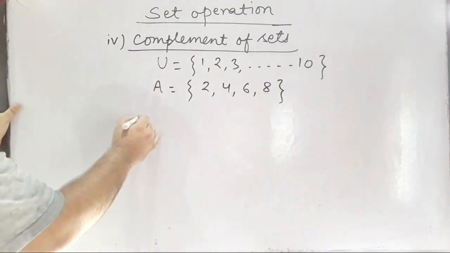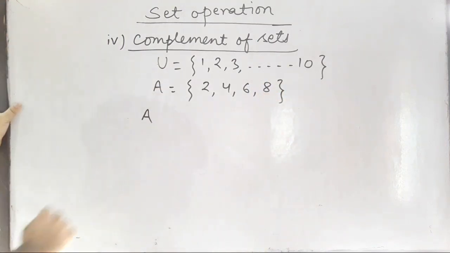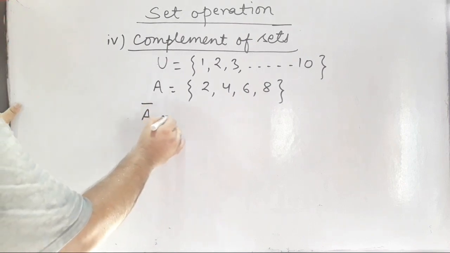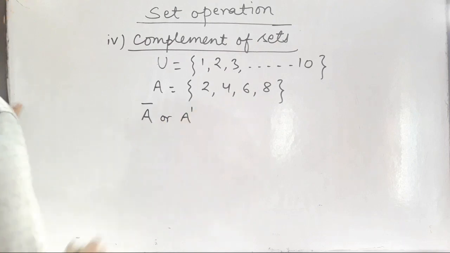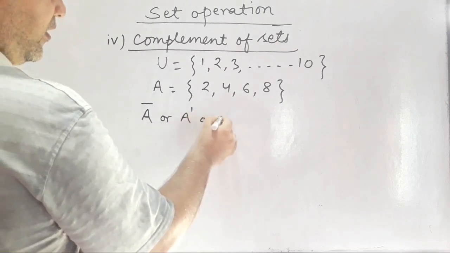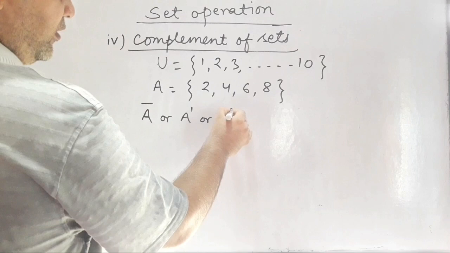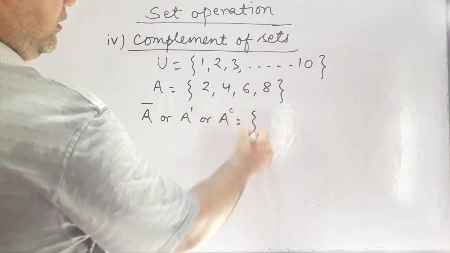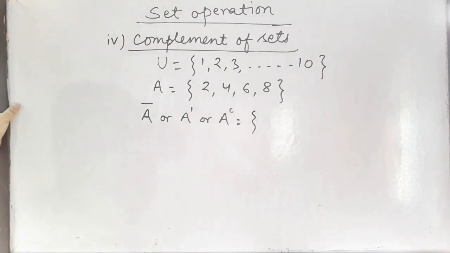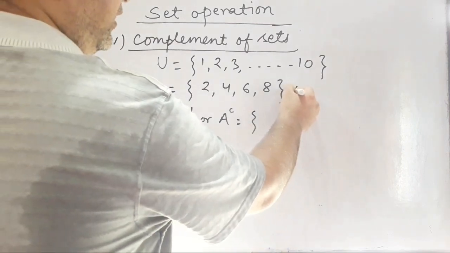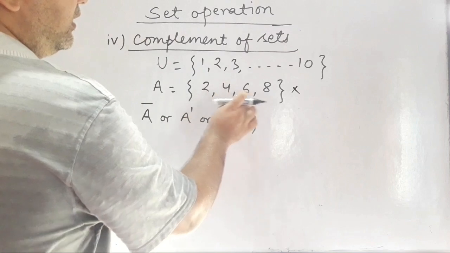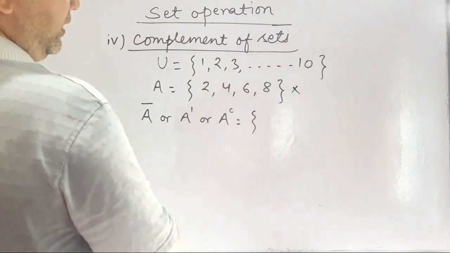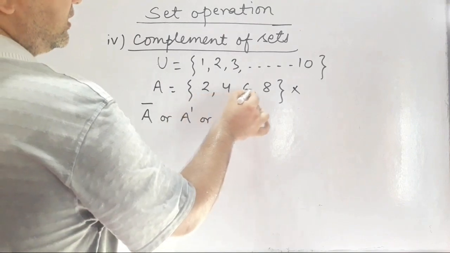Now, the complement of A is denoted by A bar or A dash, or A with a power C, A complement. This is the set of elements which are not contained in A. That means except the elements that are contained in A, that is, we cannot write 2, 4, 6, 8.